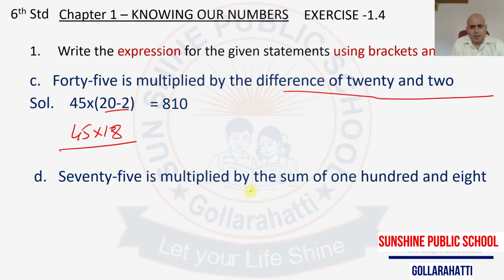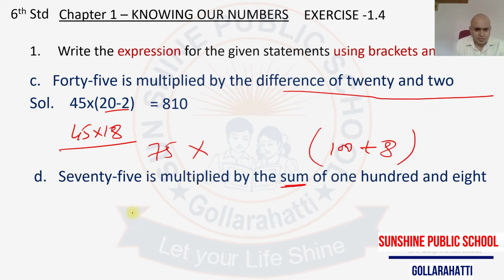75 is multiplied by the sum of 100 and 8. If they give a sum, it means you have to add 100 plus 8, and 75 is multiplied. That is 75 into (100 plus 8). You have to put a bracket for 108.